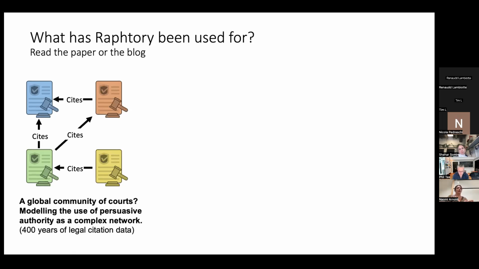So it formed this long-term citation or precedence graph, and it was across the world as well. So countries citing other countries' rulings. And this was a project looking at how the change of influence has happened over time, where there's sometimes where the UK has become a legal authority, and other times when that's dwindled, and these cross-border citings.